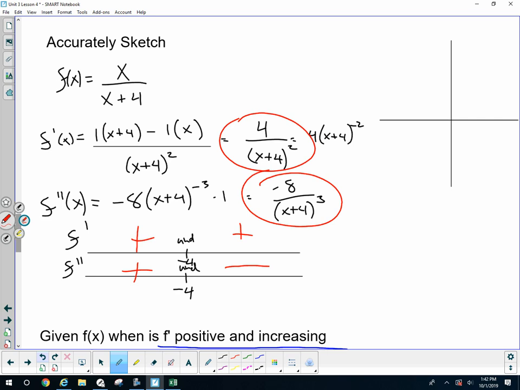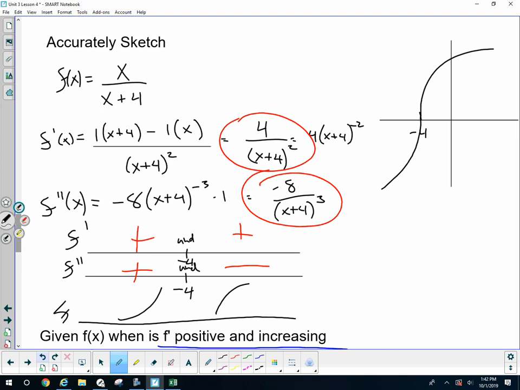Now here's what we need to be careful with. Increasing concave up, sure. Increasing concave down, sure. A lot of us would like to connect these like that.